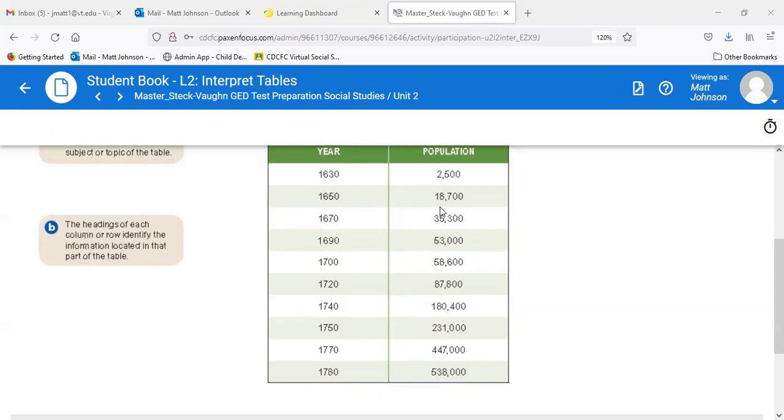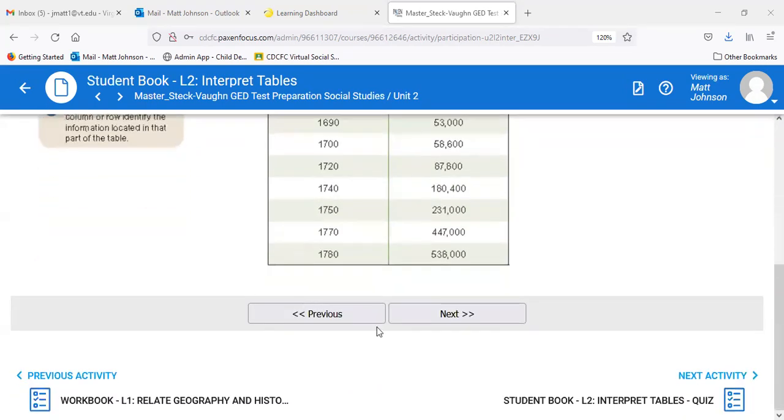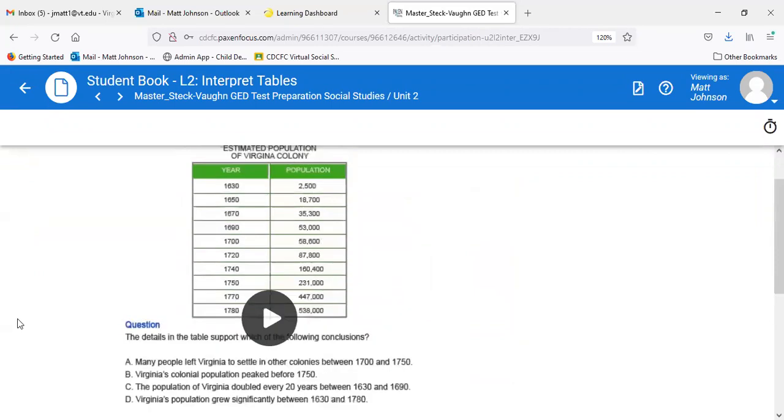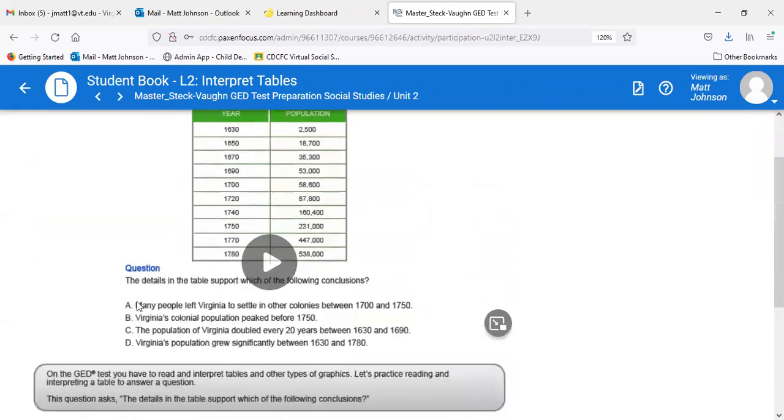But you can see the growth explosion that we had here. All right, and this is basically going to run down exactly how to interpret that data when we get into our questions in the quiz and the workbook.